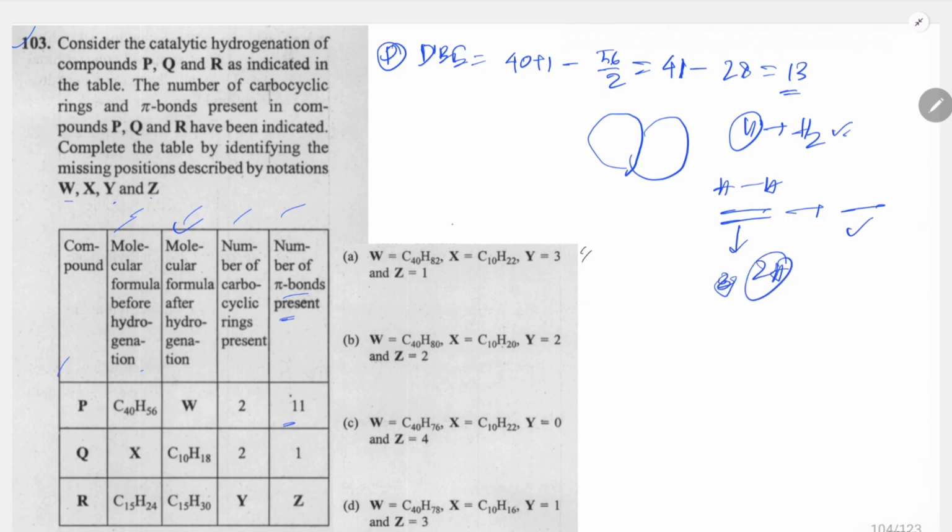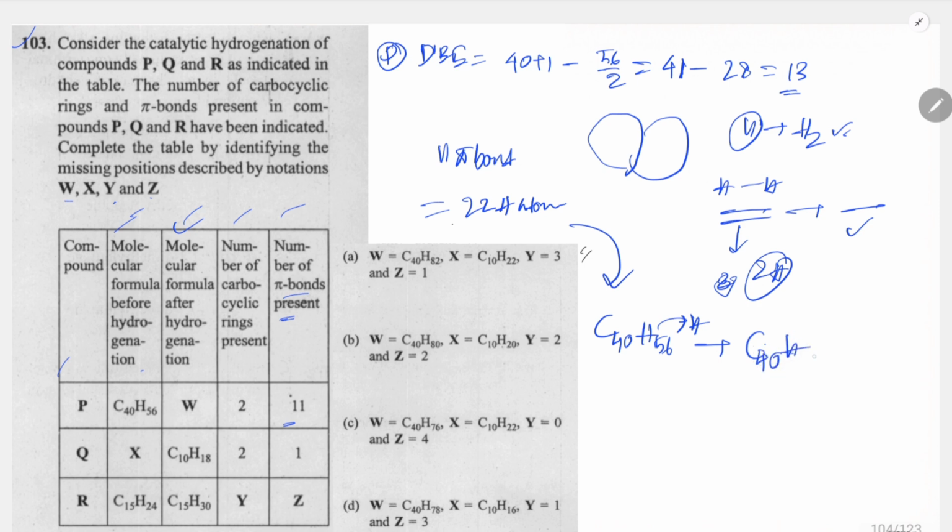So there are 11 pi bonds, which is equivalent to 22 hydrogen atoms. That adds to C40H56, giving C40H78. So we get the answer W equals this. So option D resembles this. This is the correct answer.